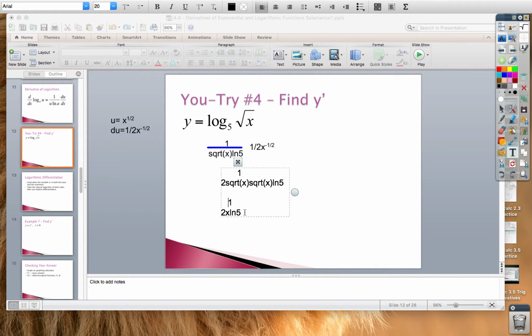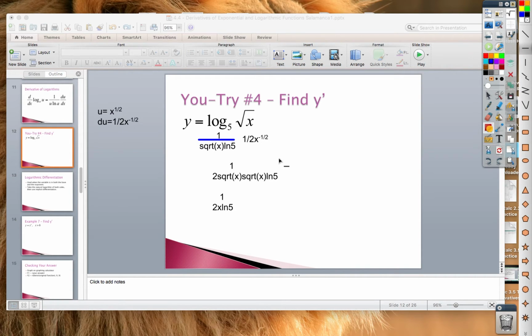Now, please keep in mind, we could have just stopped right up here at this particular spot, but I just wanted to make sure we knew that we could go further if we wanted to. Again, this would have been just fine if they said find y prime.